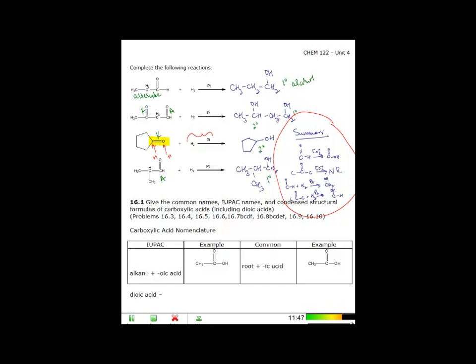So, if you want to work on a study sheet where you just draw up structures. So like this, oxidize that. What about this structure? Oxidize that. Well, what if I took the same structure and subjected it to this?